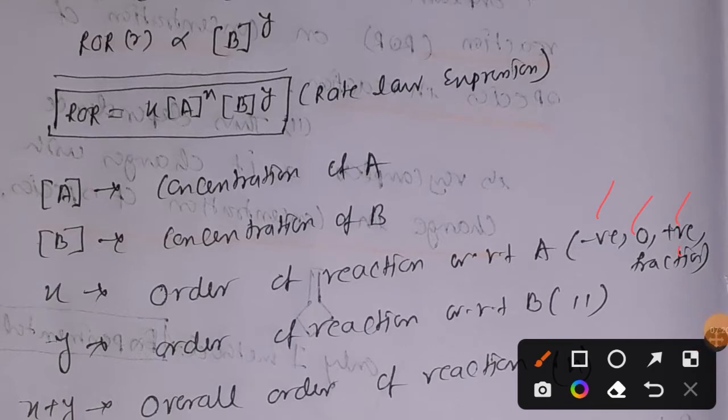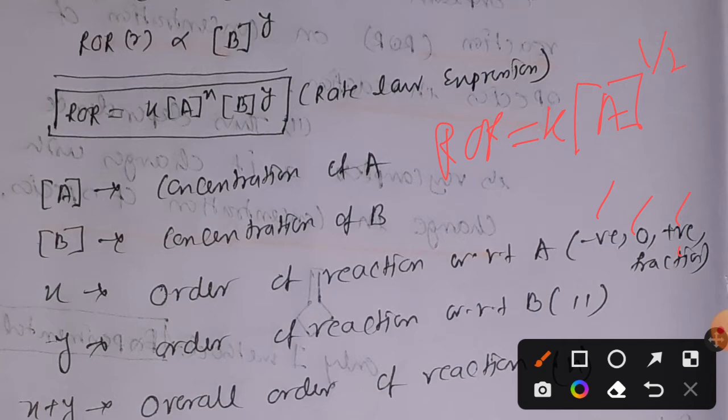Meaning, let's say we have performed an experiment where we have obtained that on doubling the concentration of A, the rate of the reaction halves. What does it mean? That simply means that the rate of the reaction will be k[A] to the power 1 by 2.